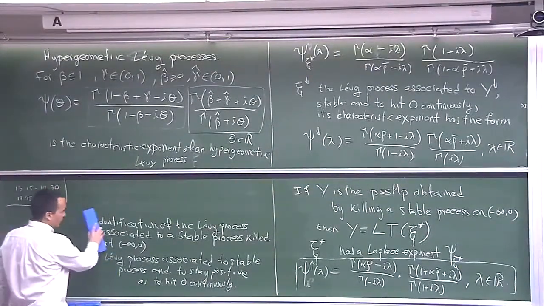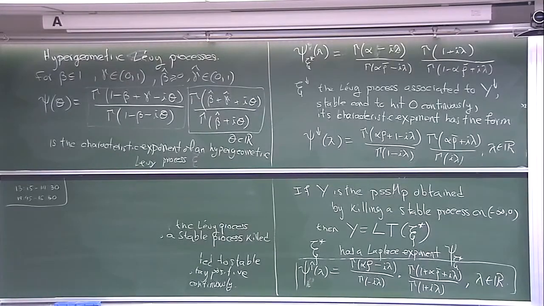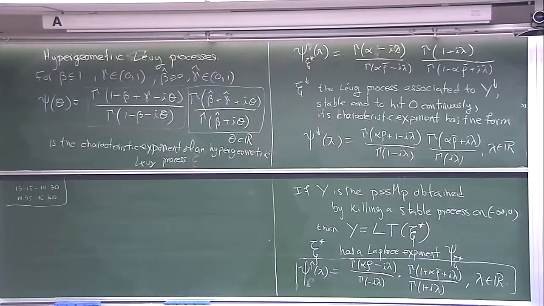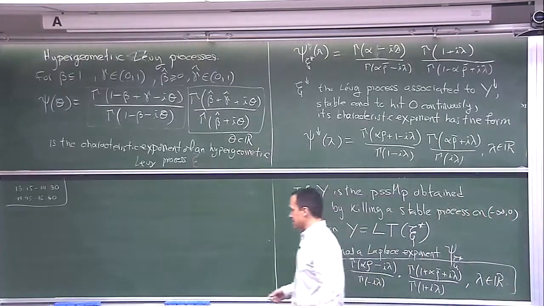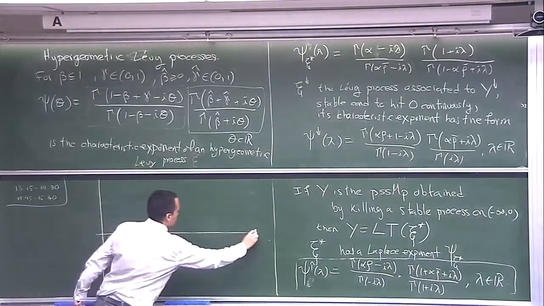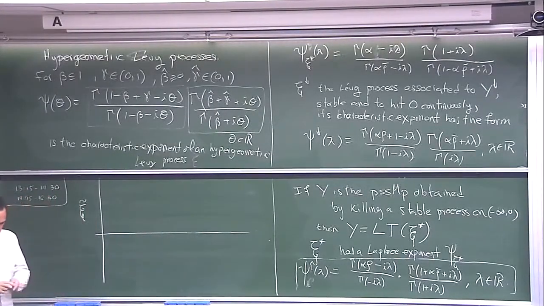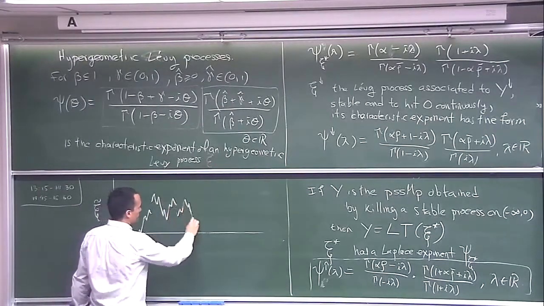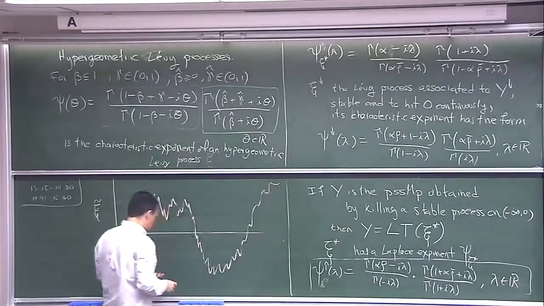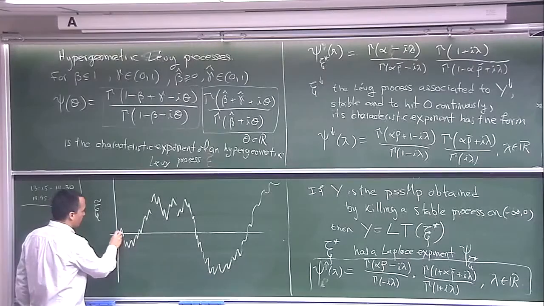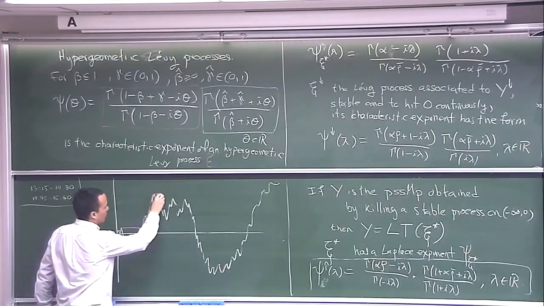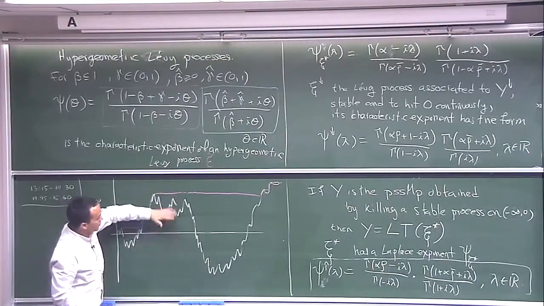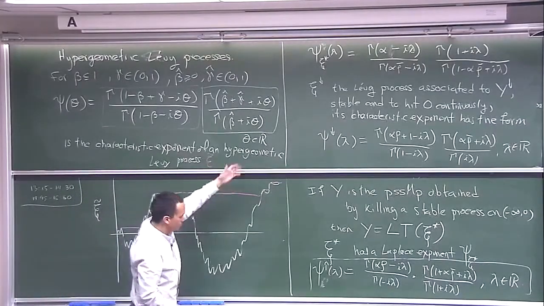Who are those processes? Who are the upward and downward ladder height processes? So imagine you have the path of a Lévy process psi tilde. And then you keep track of the supremum. The supremum remains constant when we are below the supremum, then it grows when we reach new supremums.